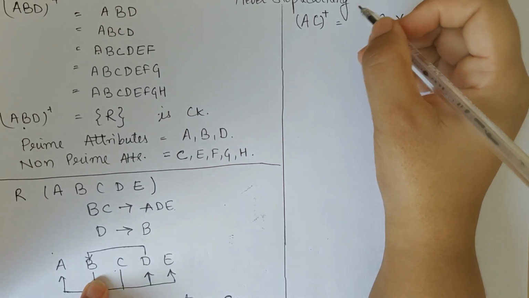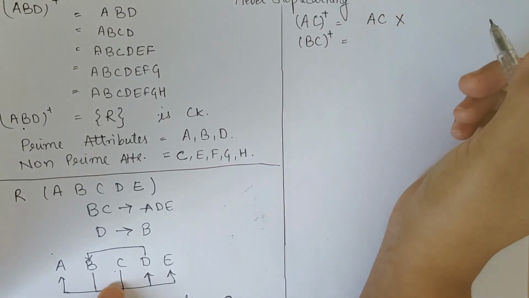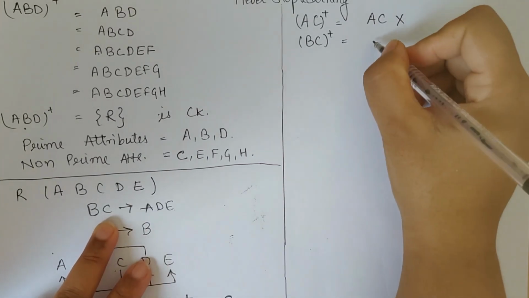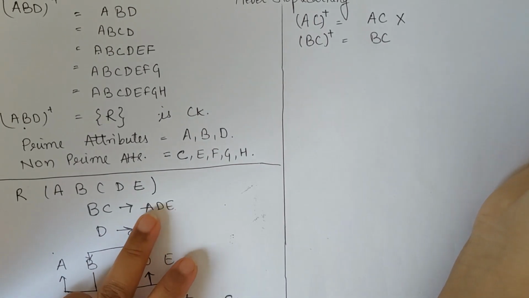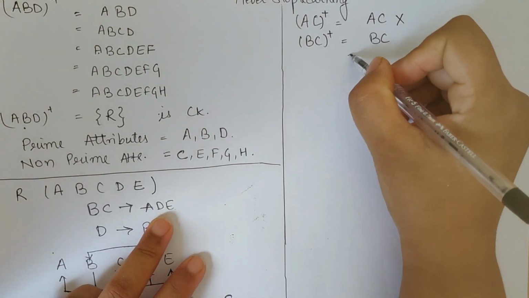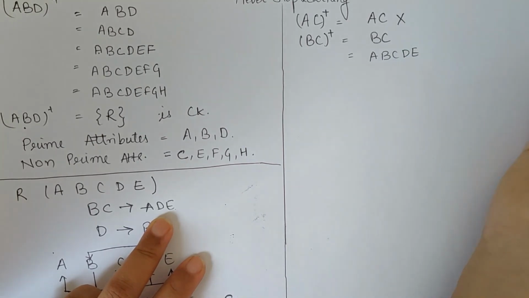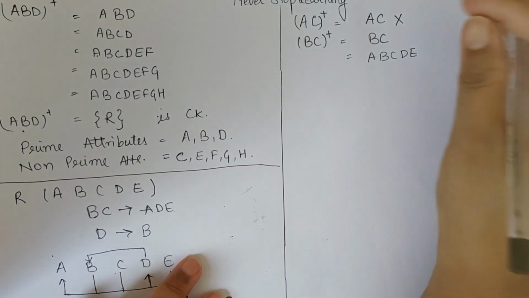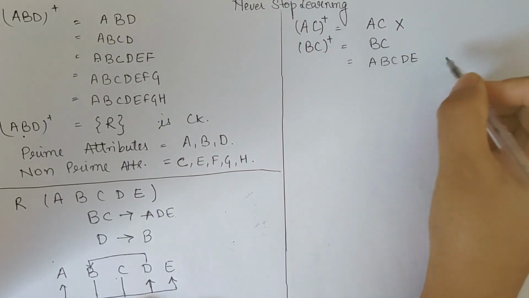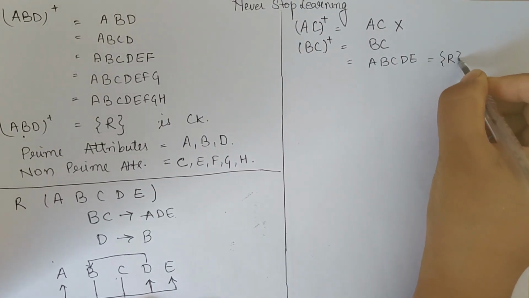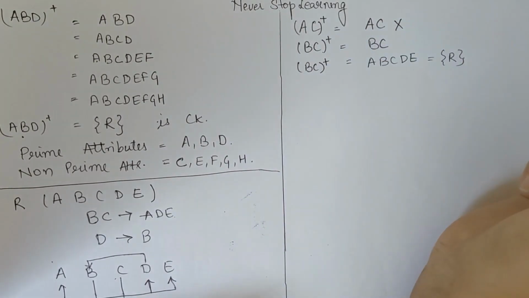Let's try another combination with C. After A, BC. So let's calculate BC. First, BC will determine BC. Here one more dependency: BC determines ADE. So if I write A, B, C, D and E, I'm not wrong, right? That means the entire relation R can be found with the combination of BC.